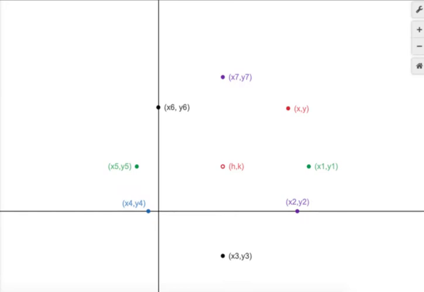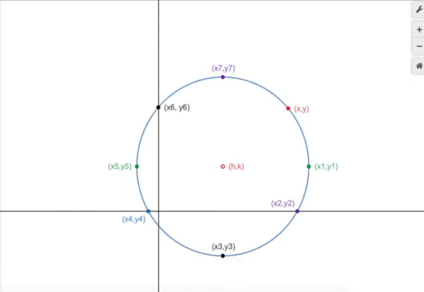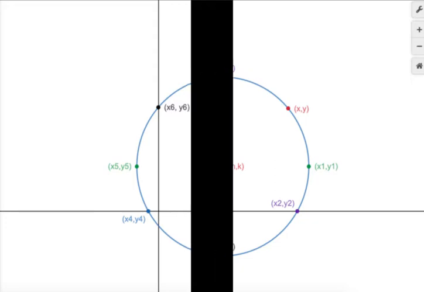And we could find many more, and if you start to look at those, you start to realize that they all lie on a circle. Which brings us to our definition of a circle, which is the set of all points a certain distance away from a fixed point, that is the center.